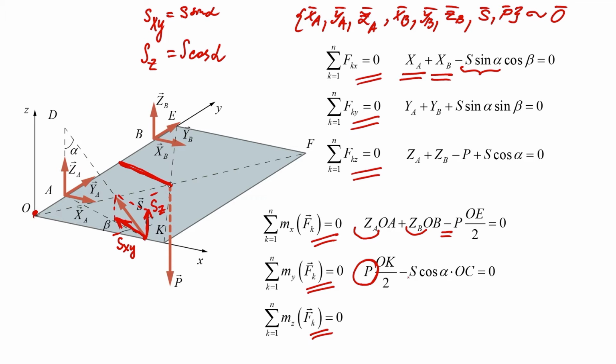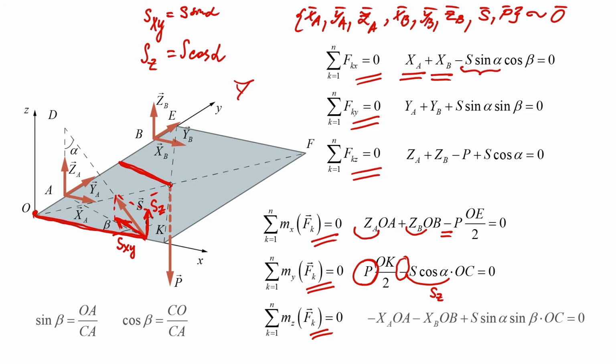The moment of the component SZ is equal to the product of the magnitude of the component and the distance from the axis to the line of action of the projection. In the equation, the moment of force is written down with a minus sign, because if we were to look towards the axis Y, we would see that the force SZ was tending to rotate the body clockwise.